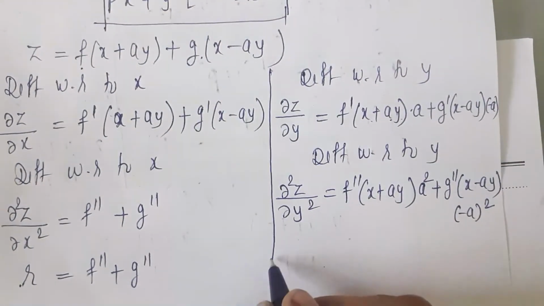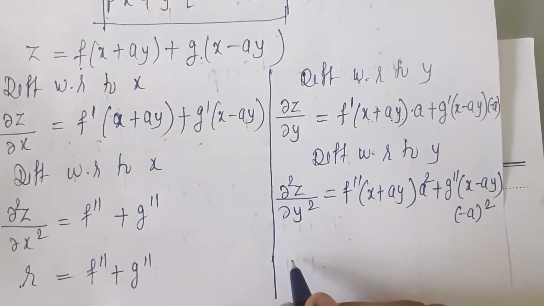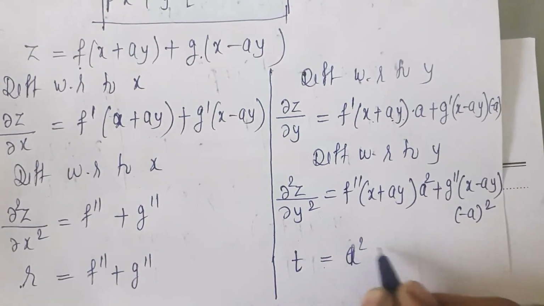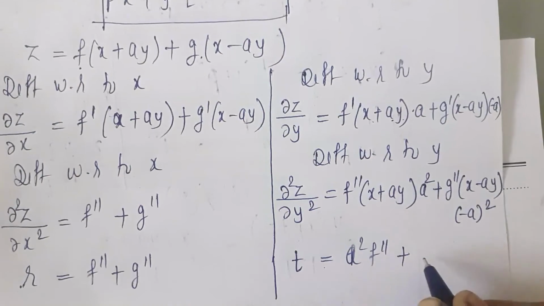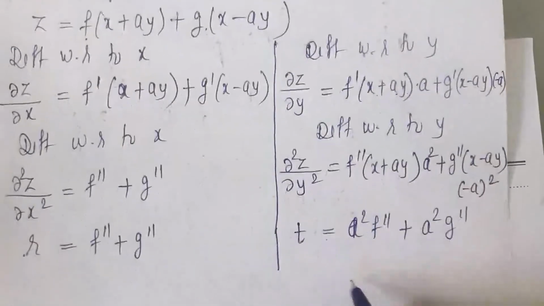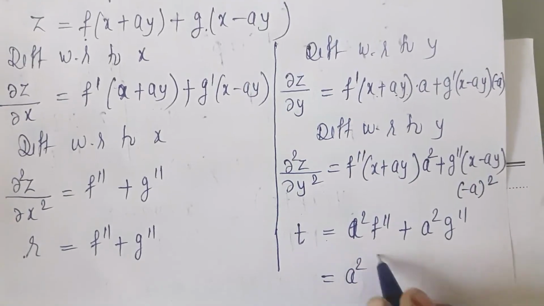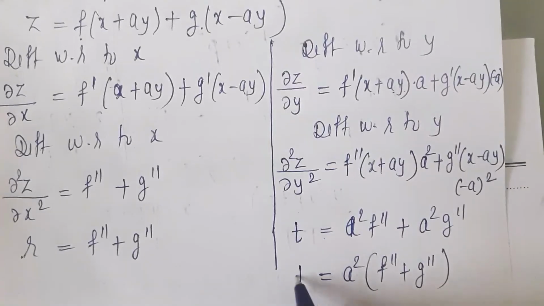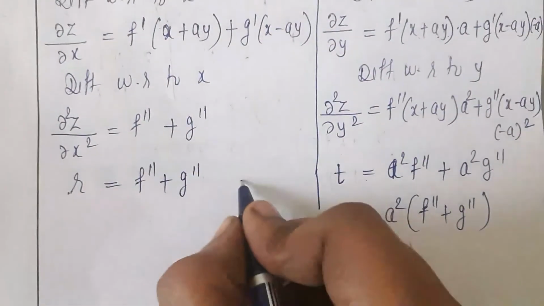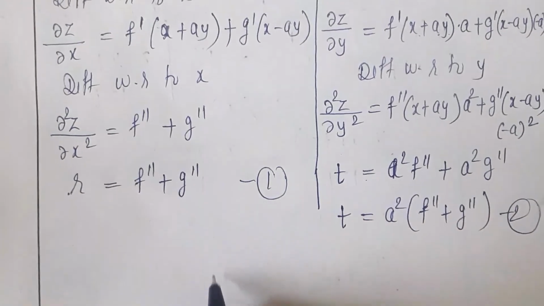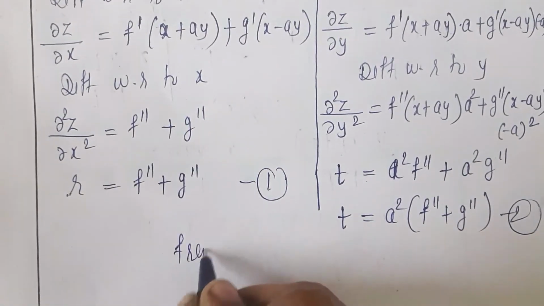So this del 2z by del y square is t. t is equal to a square f double dash plus a square g double dash. So we can take a square common: a square (f double dash plus g double dash). This is the value of t, and the value of r is f double dash plus g double dash.